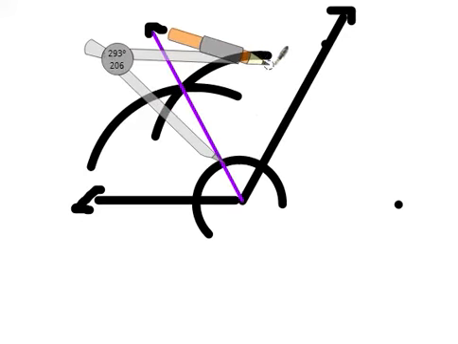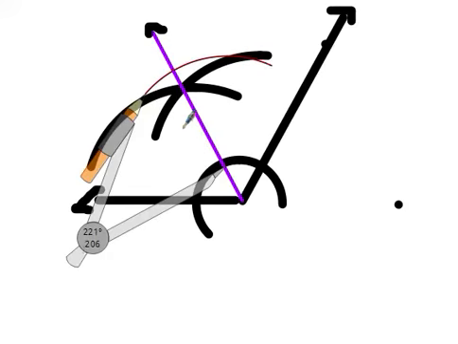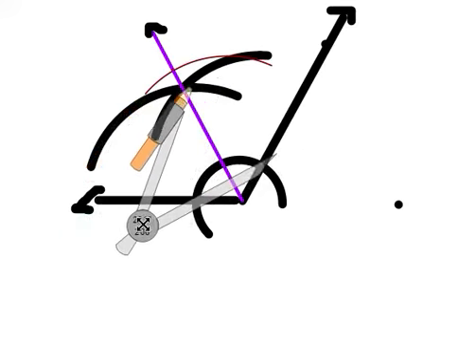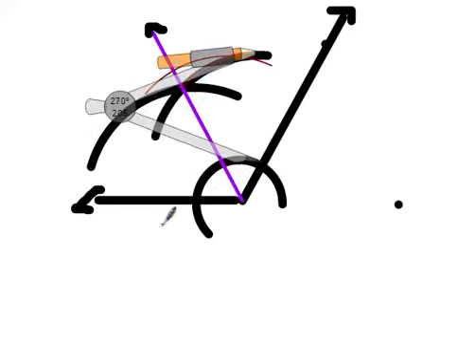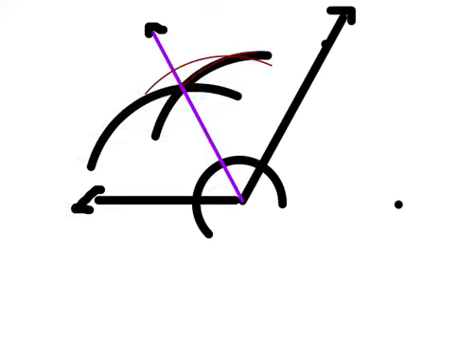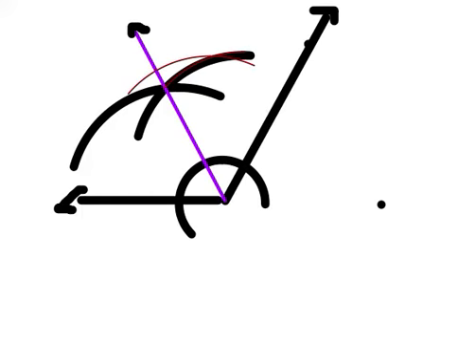This angle is 60. We will bisect it, draw an arc here, and go to the next point to draw another arc, and then use the ruler again to draw a straight line passing through the vertex and the intersection point.